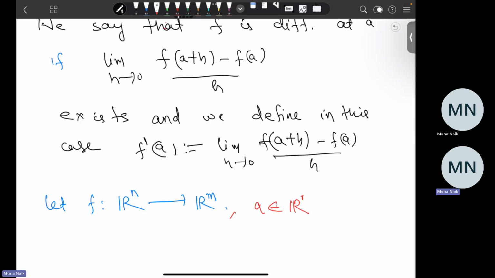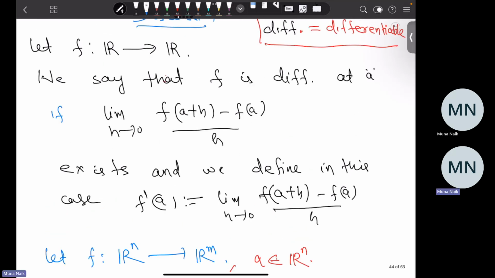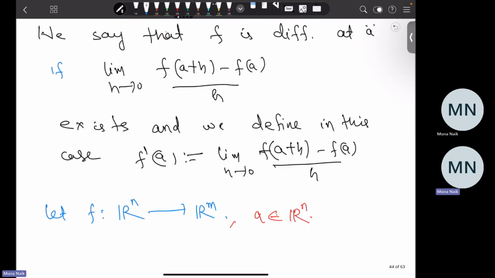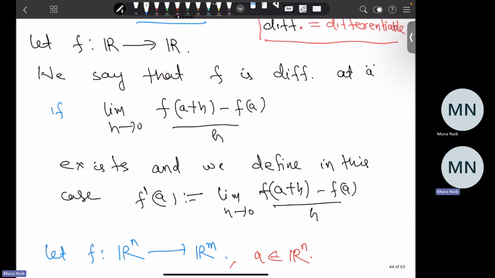Using the definition which we have seen from R to R, we want to give a notion of differentiability for this function f. But observe that this definition will not really generalize.